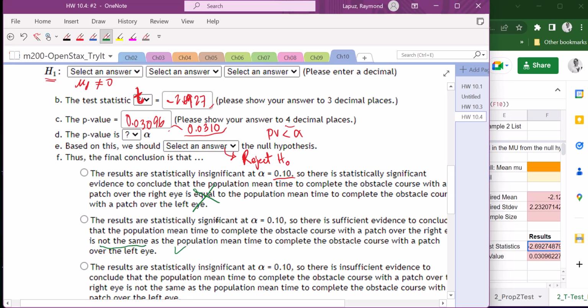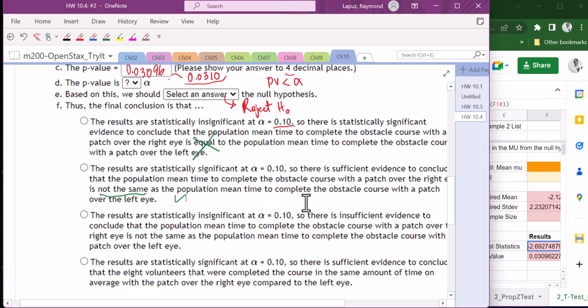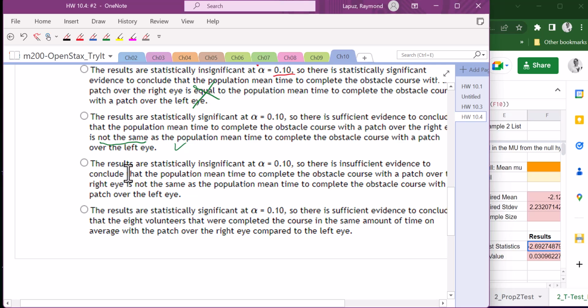Let's check this, but let's read the others to make sure that they're saying different things. The results are insignificant. I don't think it's insignificant because we found some information about this, so I will cross this out as well. And then the last one, the results are statistically significant, conclude that 8 volunteers.